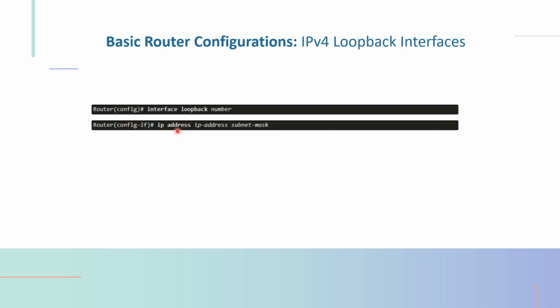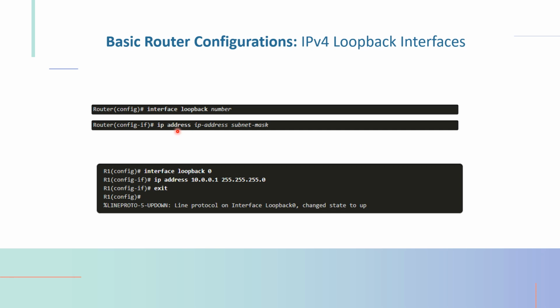Multiple loopback interfaces can be enabled on a router. The IPv4 addresses for each loopback interface must be unique and unused by any other device interface, as shown here in the example, where we configure loopback interface 0 for router 1, and we add an IPv4 address.